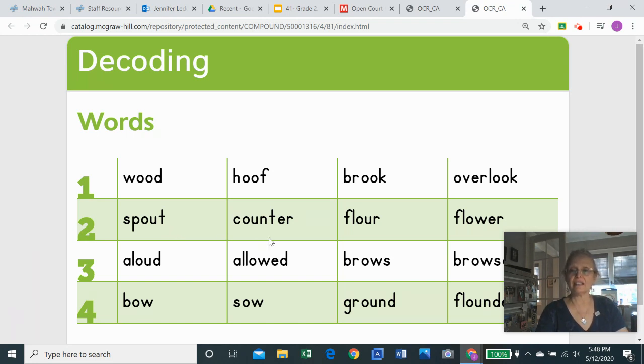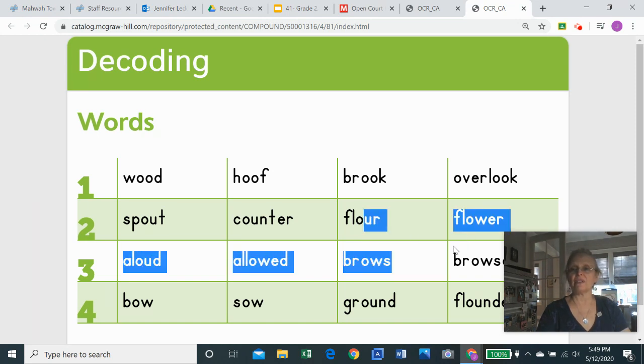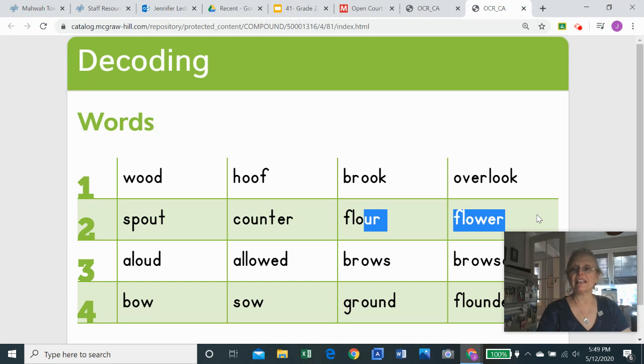Counter is a counter like in your kitchen, a place that's flat where you work. This kind of flour is made from a grain or something that's ground up to be baked with or used in cooking. And this kind of flower with OW is a flower that we enjoy looking at and smelling, like a daisy.